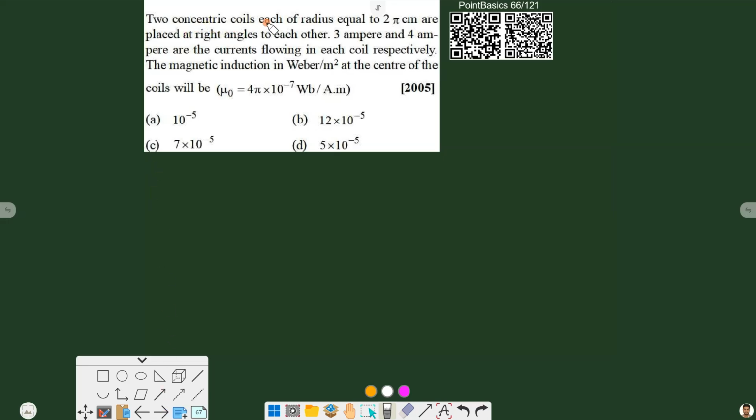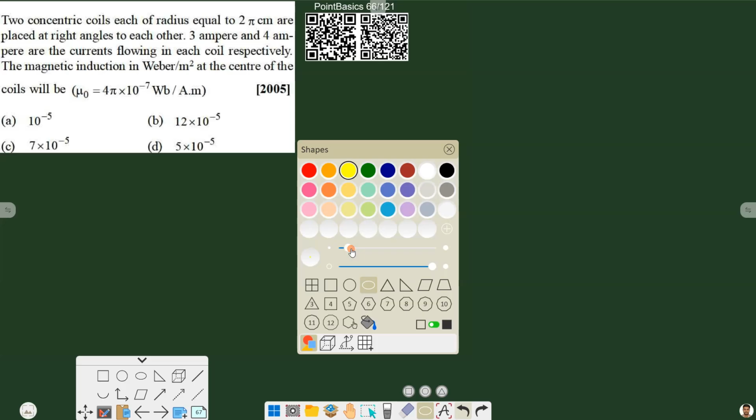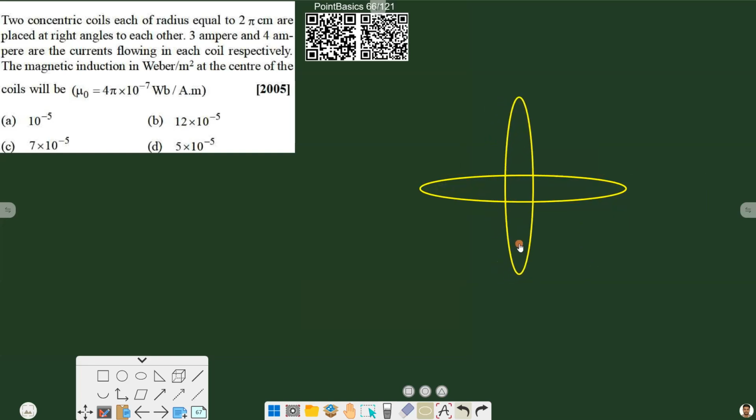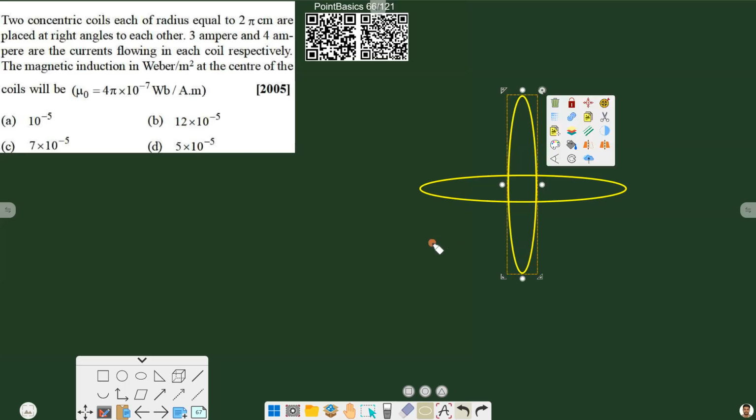Two concentric coils, each of radius equal to 2 pi centimeter, are placed at right angle to each other. 3 ampere and 4 ampere are the currents flowing in each coil respectively. What is the magnetic induction in weber per meter square at the center of the coils? So we have two coils. Suppose this is the first one and this is the second one. They are placed perpendicular to each other.